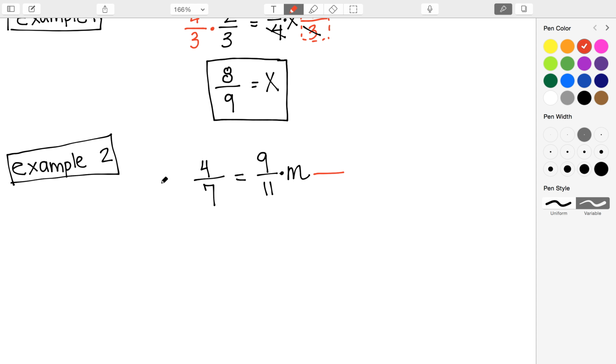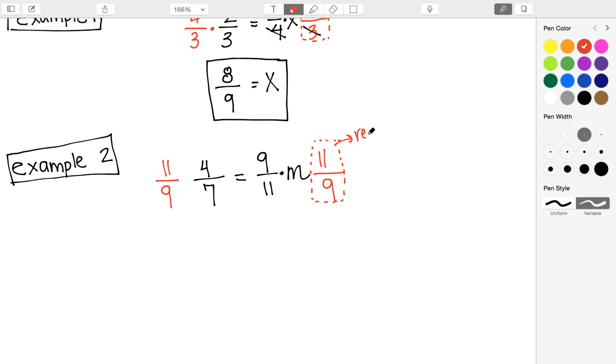So I'm going to go to both sides. If I am multiplying by 9, the way to undo that, make it go away, is to divide both sides by 9. If I'm dividing by 11, the way to make that kind of go away is to multiply both sides by 11. If you notice now, it was 9/11, it becomes 11/9.